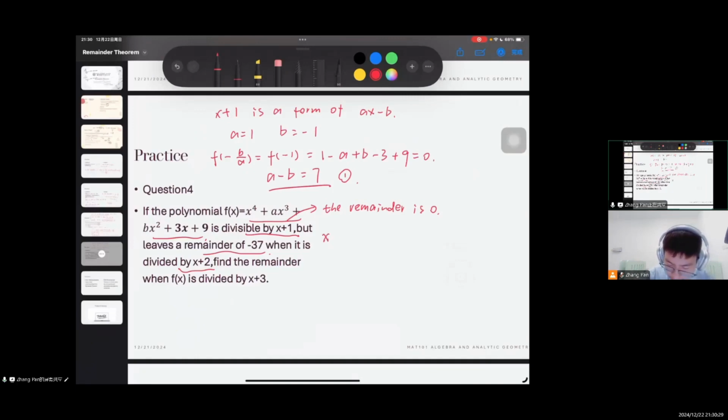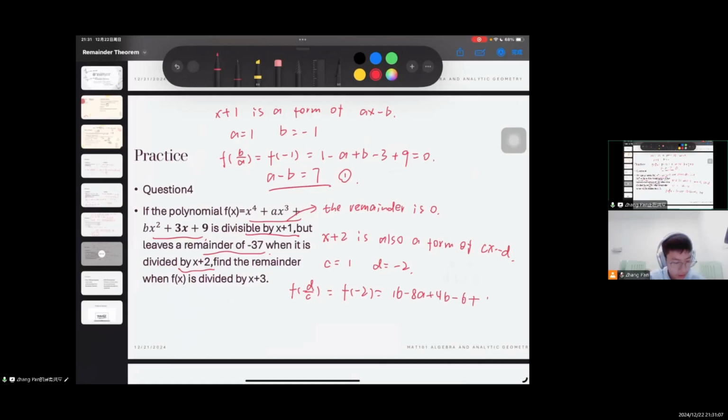We know x plus 2 is also a form of cx minus d, so c equals 1 and d equals minus 2. In this case, f(minus 2) equals 16 minus 8a plus 4b minus 6 plus 9 equals minus 33.